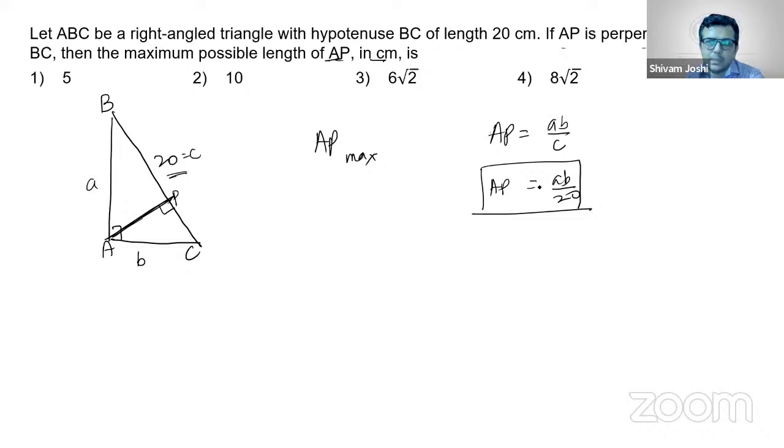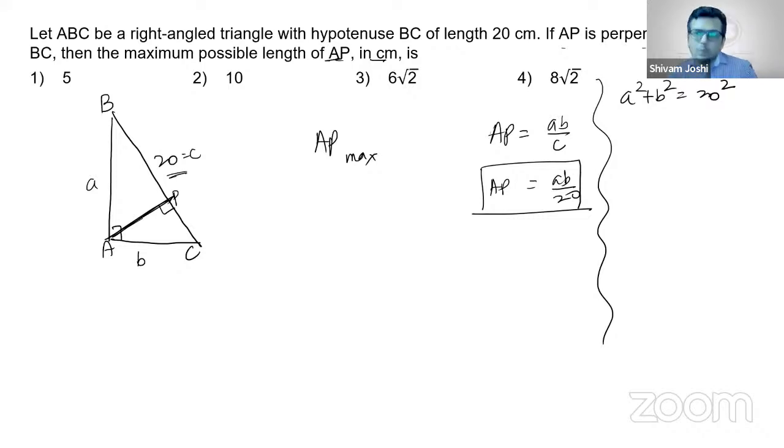Now, how to maximize this AB? We know that because it's a right angle triangle, A square plus B square is equal to 20 square. So in order to maximize AP, which is given as AB upon 20, I have to ultimately maximize AB.